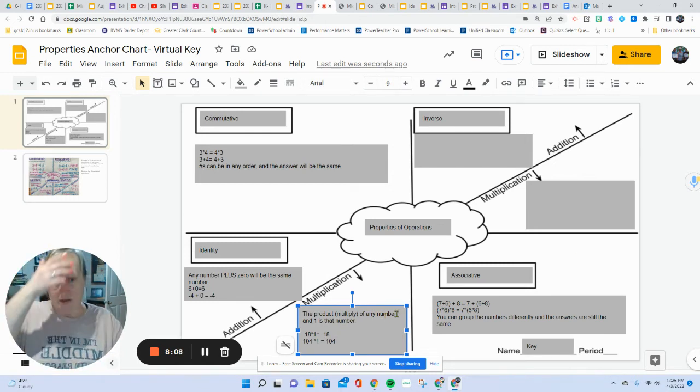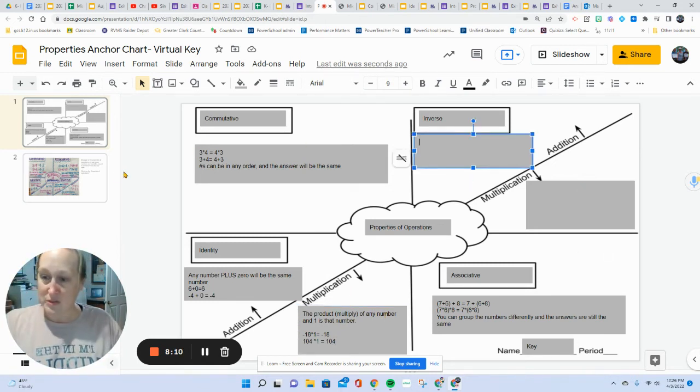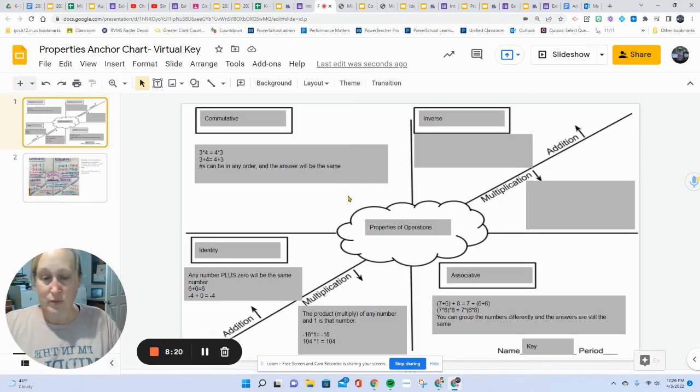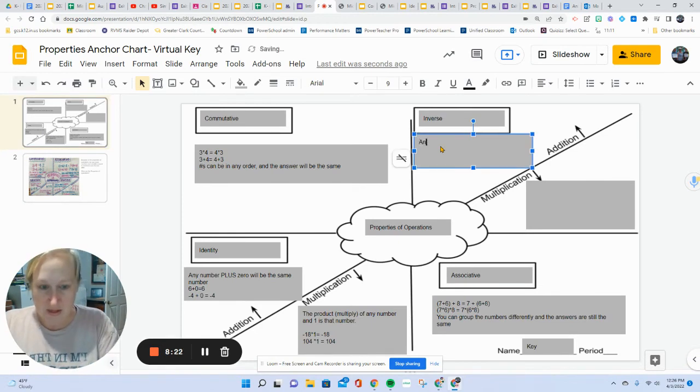Multiplication is times 1. We have talked about inverse before, but we're going to go ahead and define it back here. So the inverse of addition is any number and its opposite added together equals 0. So any number and its opposite added together will equal 0.